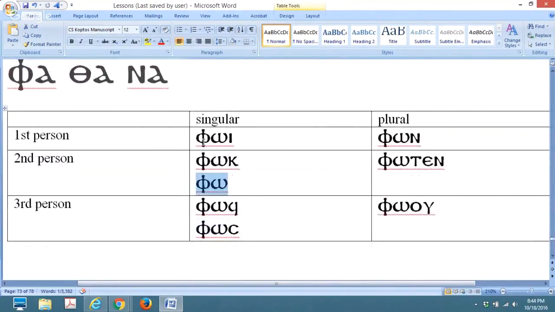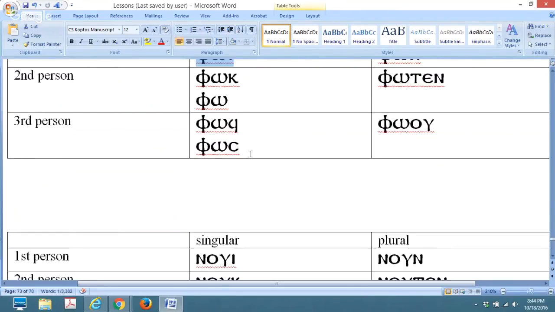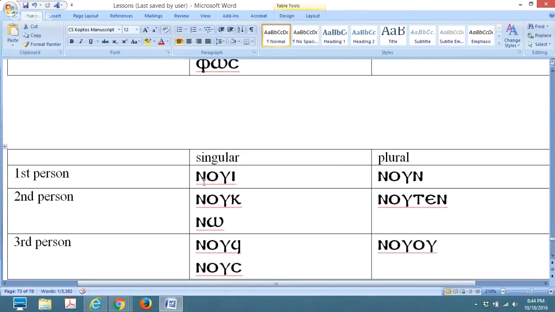The feminine form is exactly the same, so if you switch the phi to a theta, exact same spelling otherwise. So that means the thing that belongs to me is masculine. Or if it's a theta, the thing that belongs to me is feminine. Or if it's more than one thing that belongs to me, then it's this plural.